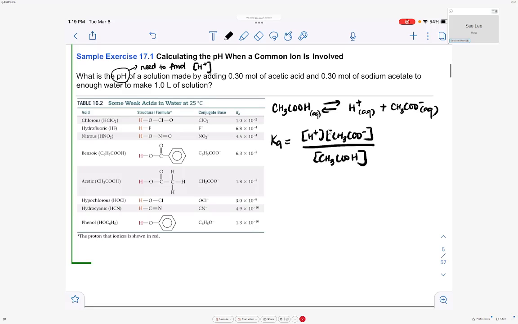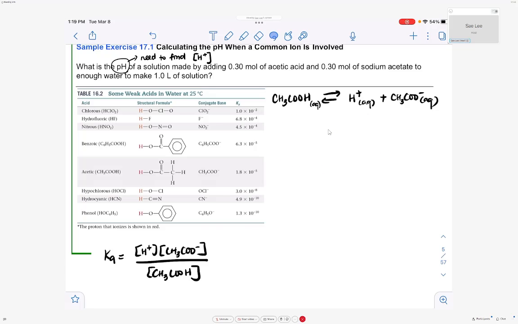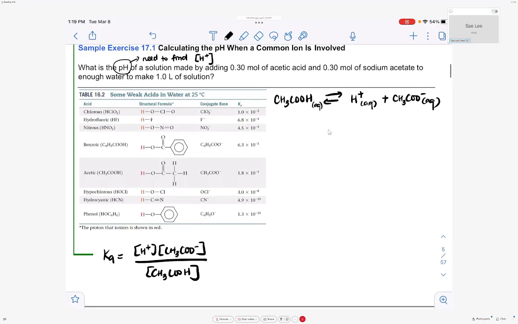So let's make a table to organize the information that we know and the information that we don't know. Okay, so initial, change, equilibrium.